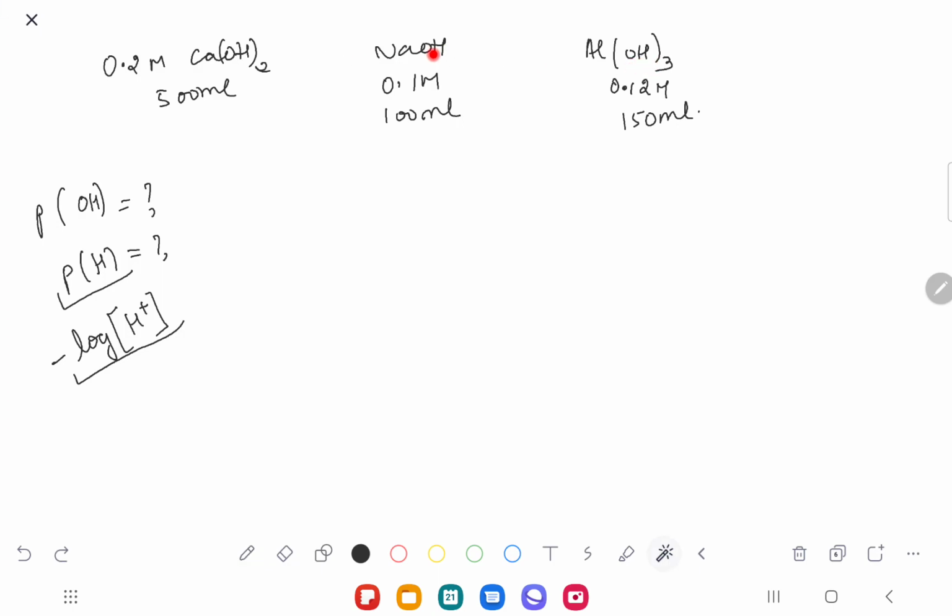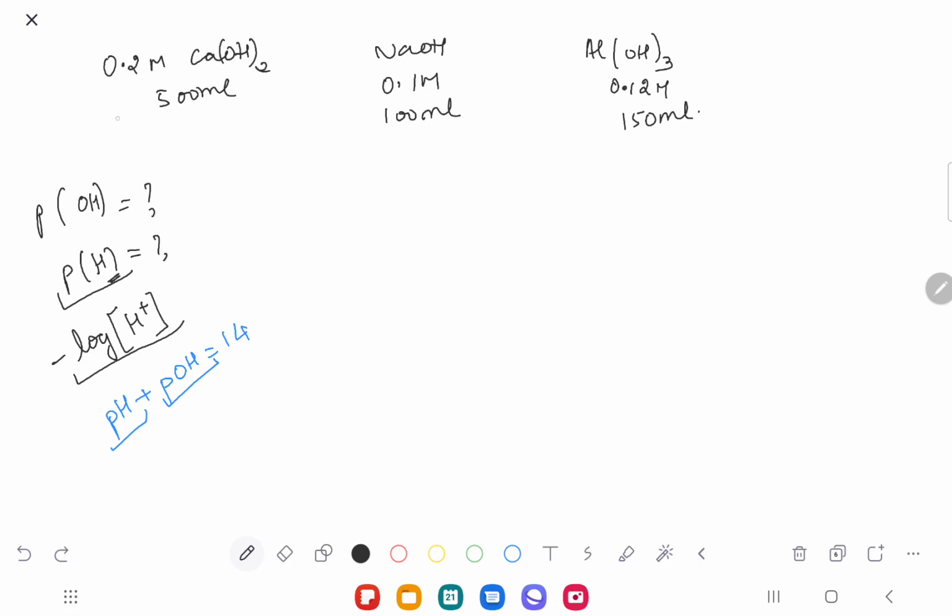They're all going to break down into OH negative ions and not the H plus ions. I suppose you're understanding. So when we have Ca(OH)2 and NaOH and Al(OH)3, I should actually calculate pOH first, and then I know the relation that pH plus pOH is 14. So don't you think I should calculate pOH here first and then subtract it from 14 to get pH? Because the question will not tell me that you have to calculate pOH first. The question will straight away say calculate pH.